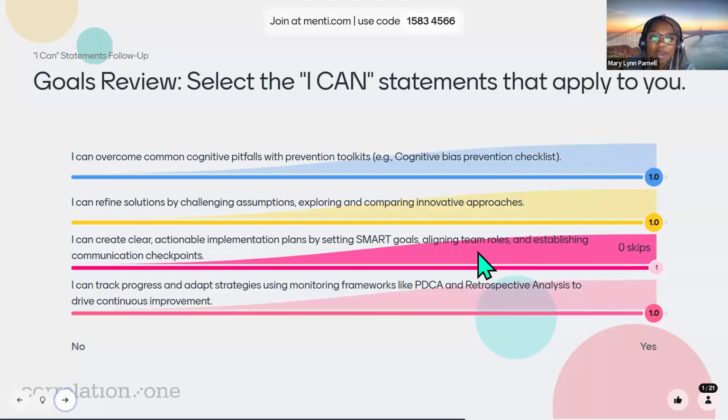How are you with I can solutions by challenging your assumptions, exploring comparative innovative approaches? Can you create clear, actionable implementation plans by setting SMART goals? And also how I can track progress and adapt strategies using monitoring frameworks like PDCA and retrospective analysis to drive continuous improvement.